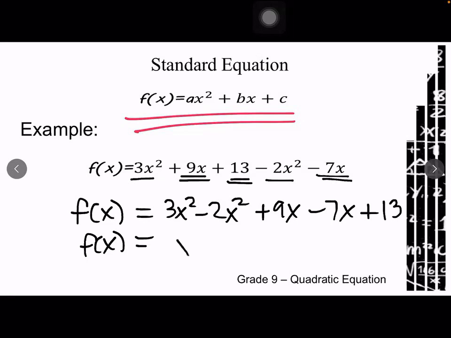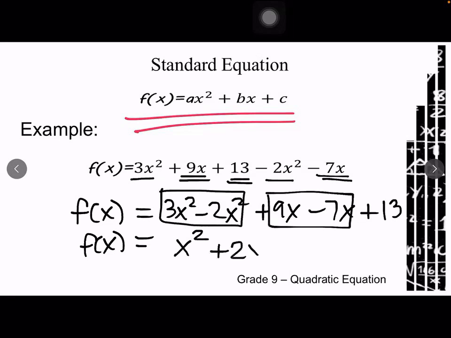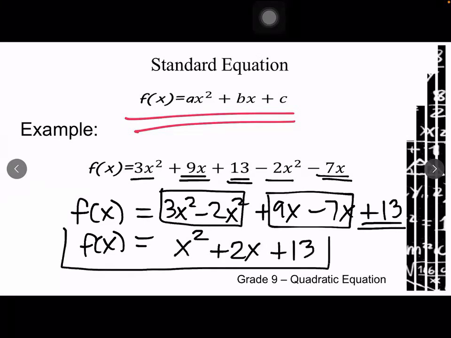So the answer is we have x squared here, followed by 9x minus 7x is positive 2x. And since si 13 walang kasama, we will just bring down. Therefore, the standard form of the equation is f of x is equivalent to x squared plus 2x plus 13. Therefore, this is our final answer.